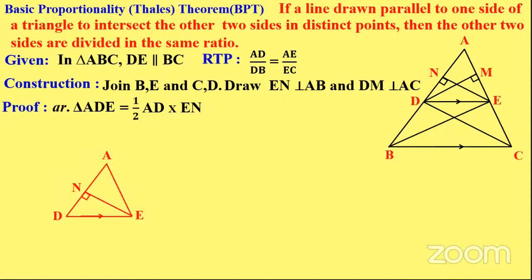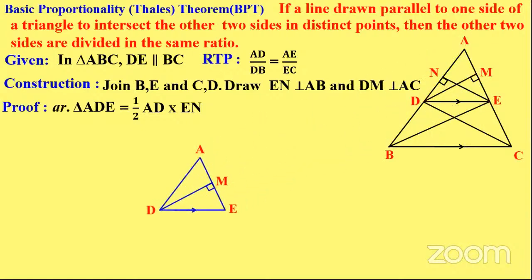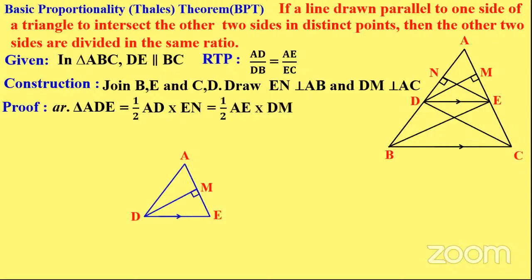Half into base into height. Suppose AE is the base, DM is the corresponding altitude. Then half into base into height, AE into DM. Both are the same triangle, but different bases and different altitudes. Final answer will be the same.